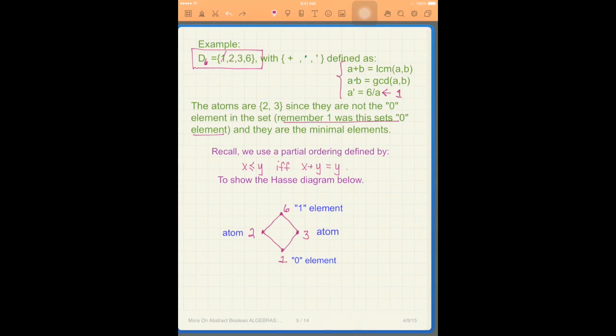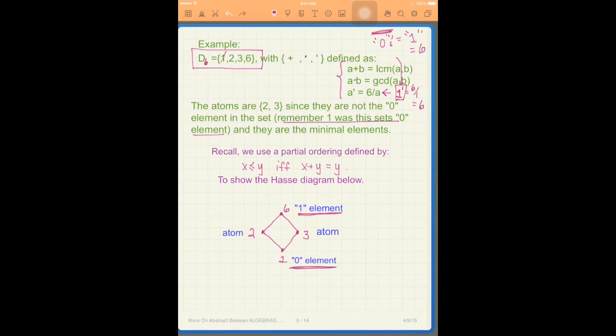The complement of 1 here is 6 over 1, which gives us back 6. Okay, but remember 1 was the zero element. So what I'm saying is zero's complement, which would give me the one element, is equal to 6. So I've written the 0 element down here. I've written the 1 element up here.